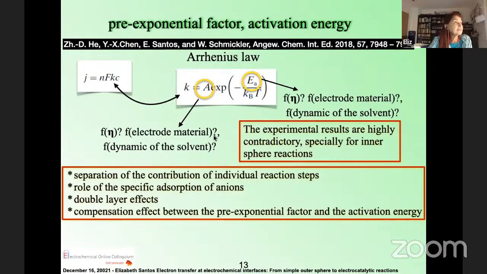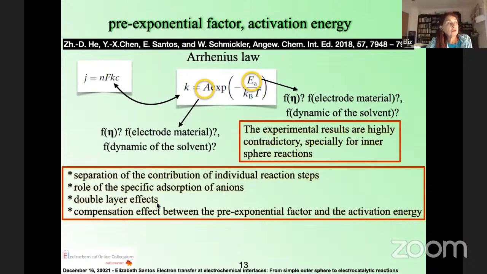Then there are some bad ghosts that disturb the interface. For example, anions or cations that can adsorb specifically, and then what we measure is not only one reaction, but the effect of the co-adsorption of the anion.